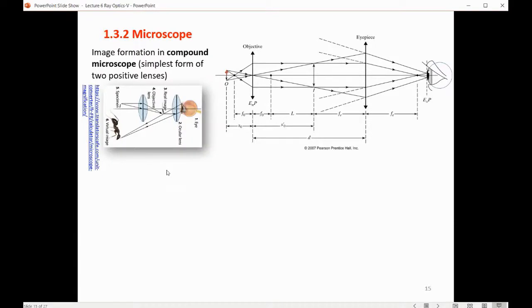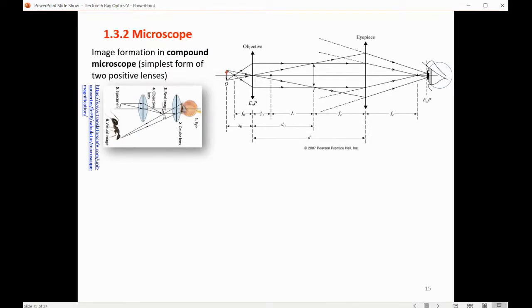Next, we take a look at image formation in a compound microscope. The simplest form would be that formed by two positive lenses here, whereby this is called the objective lens and this is called the eyepiece. If we have a specimen here, the light from this specimen will be collected by the objective lens and it forms a real image.